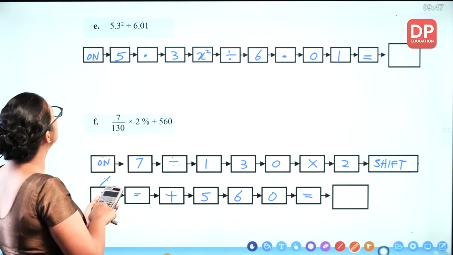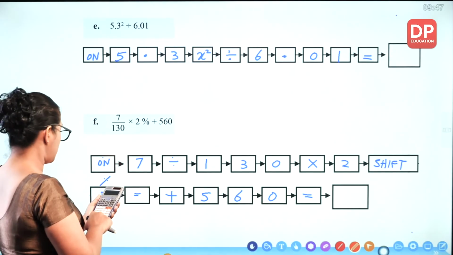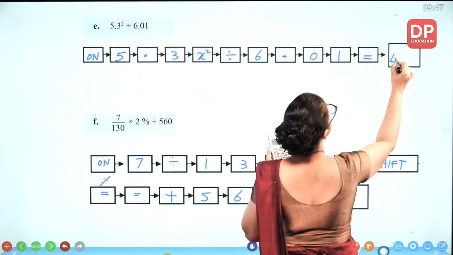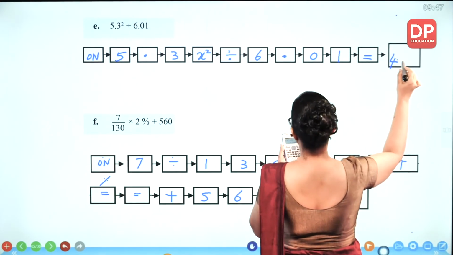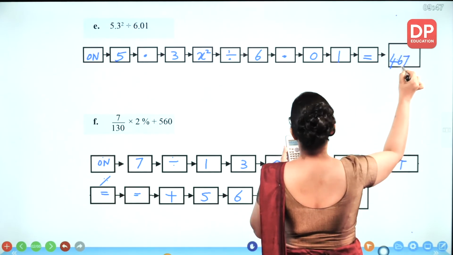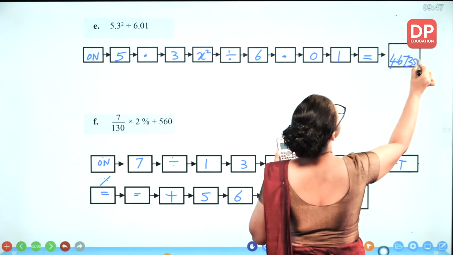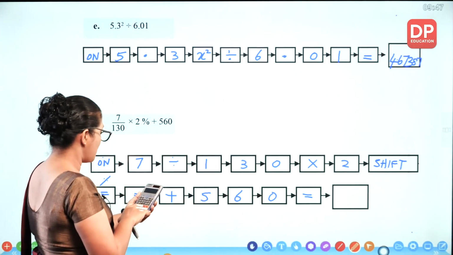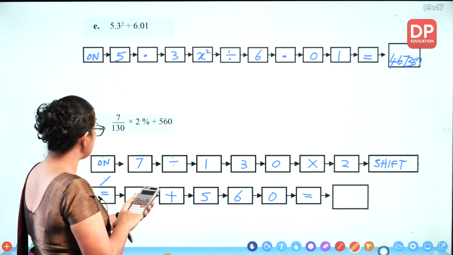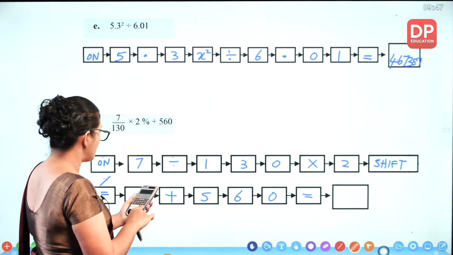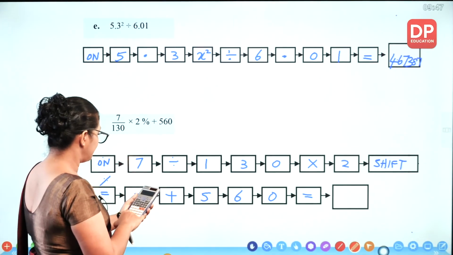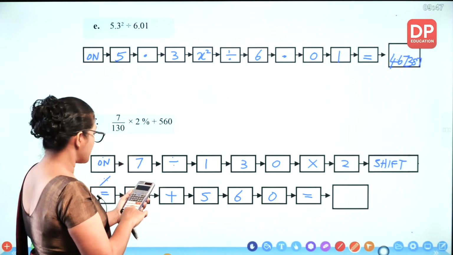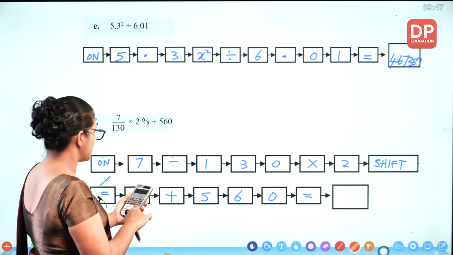5.3 squared divide by 6.01. Answer is 4.6738. Here this one, 7 divided by 130 multiplied by 2%. Get the answer and plus 560.